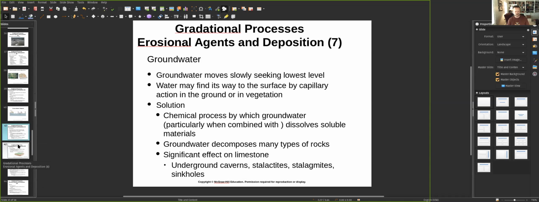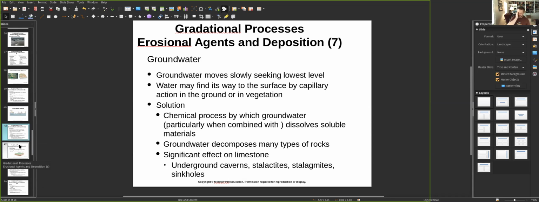One of the things that we do also see is the potential, as the groundwater soaks down, if it comes into contact with certain things, some chemical weathering can actually take place, where you get into limestone formations or other types of formations where that water is then going to dissolve that material.